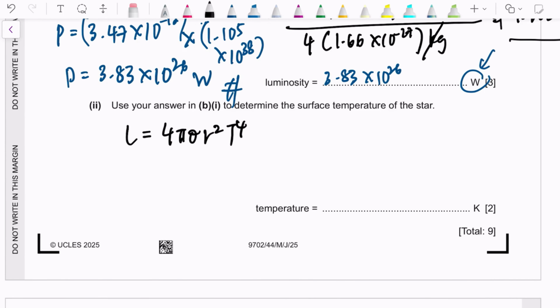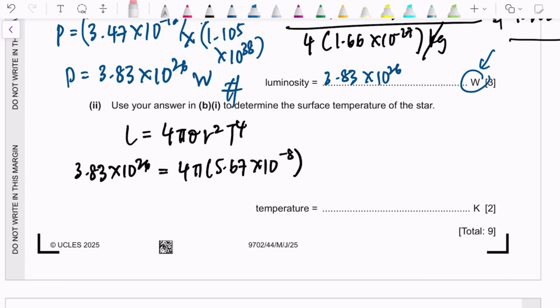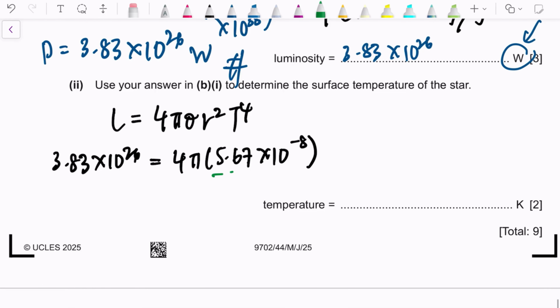So sub in all the values and you would get your answer. 4 pi. This constant sigma is actually 5.67 times 10 to the power of negative 8. This is a very interesting number because it's 5, 6, 7, 8, so it's one of the easiest things to remember.